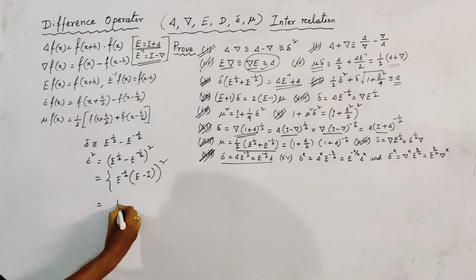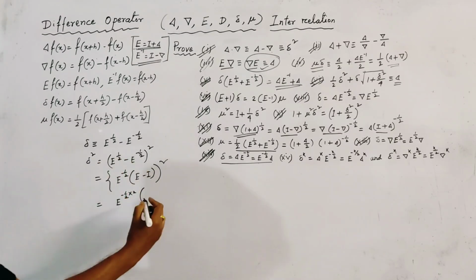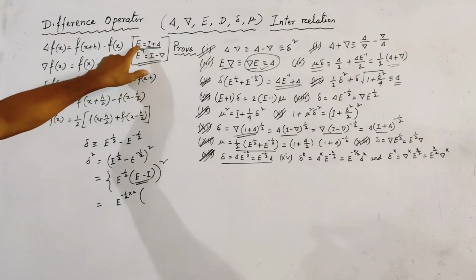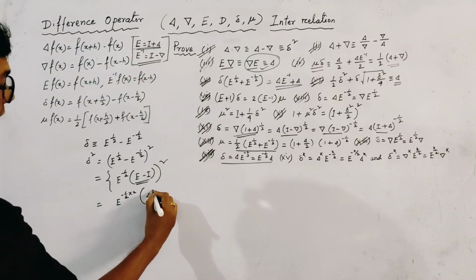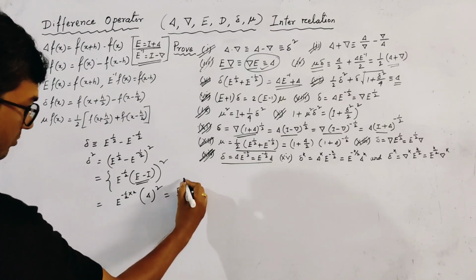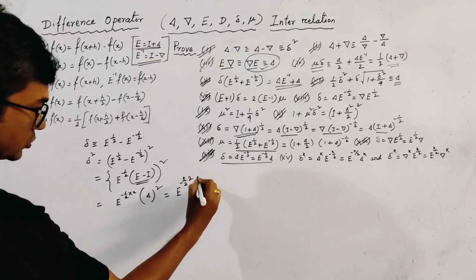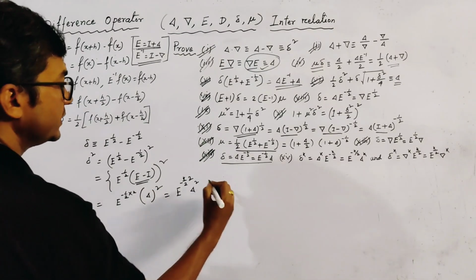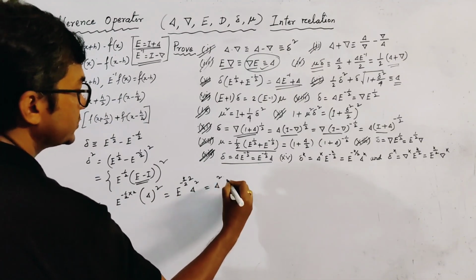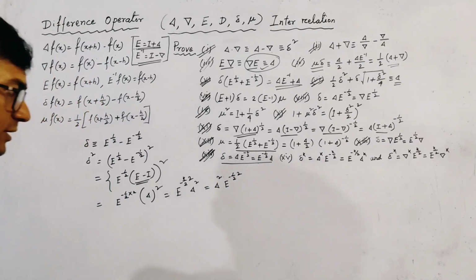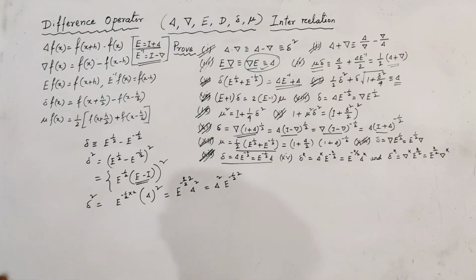So we get e to the power minus half into 2 outside of the square, and e minus I means delta, so this is delta whole square. So we get e to the power minus half whole square into delta square, and similarly we write this as delta square into e to the power minus half square.